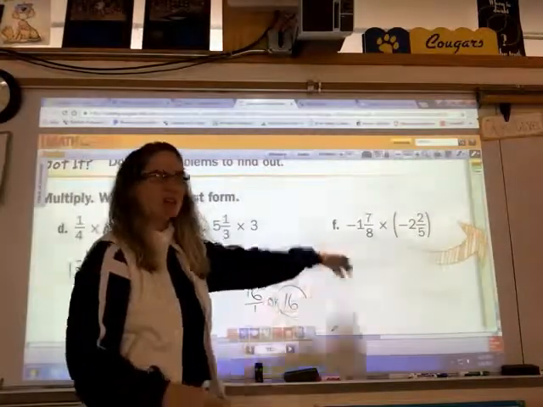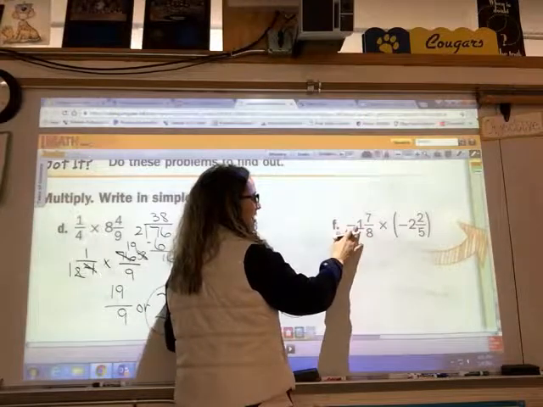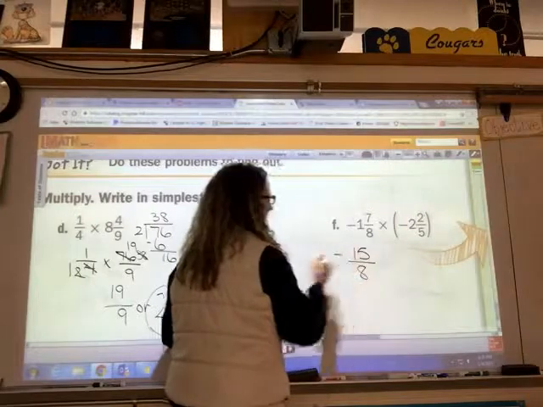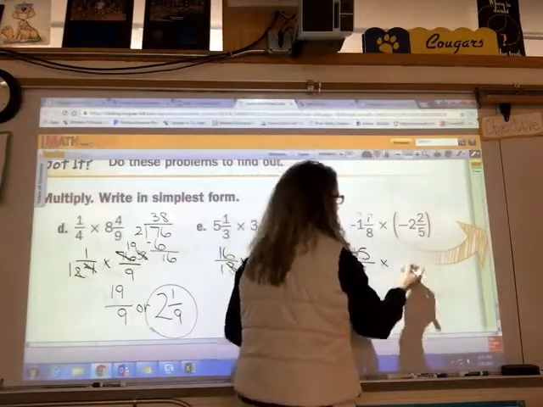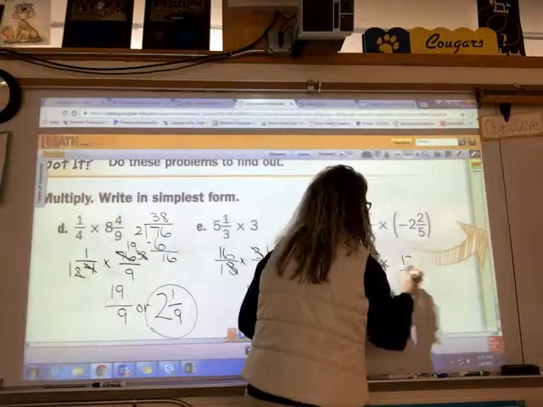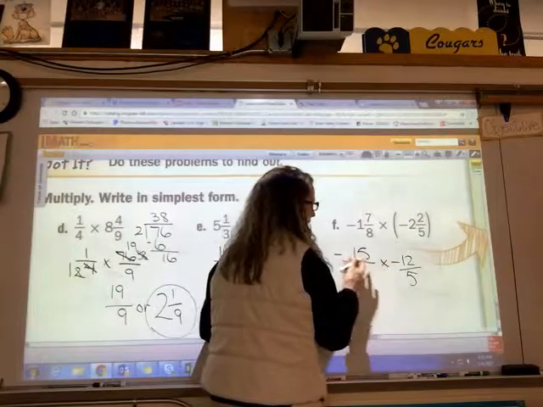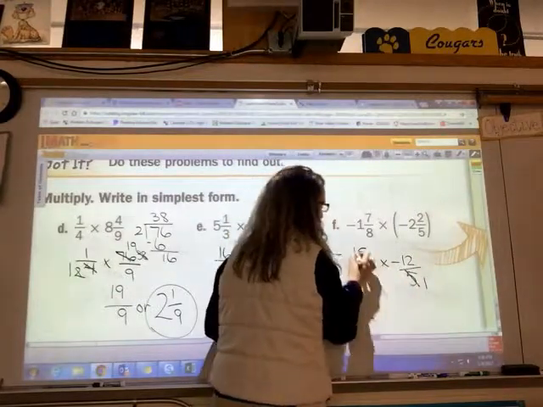And then looking at the last one we have here, notice we have 2 negatives, so I'm going to rename. So 8 times 1 is 8 plus 7 would be 15 over 8, and again that's a negative, times 5 times 2 is 10 plus 2 is 12 over 5, and again that's a negative. I can cross reduce a couple different places here. 5 will go into both 5 and 15, so 5 divided by 5 is 1.